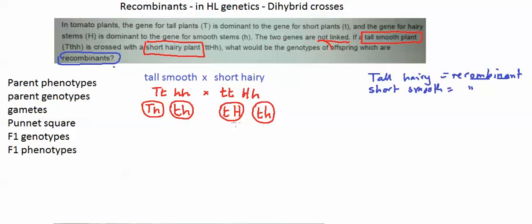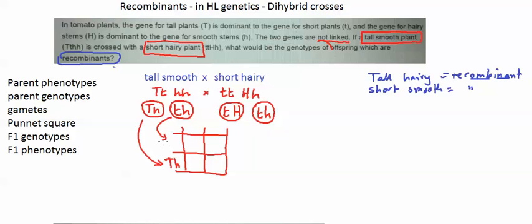Now, we know there are two gametes from each parent, so we can do a simple 2 by 2 Punnett square like this, and we can put the gametes into the Punnett square. So this gamete I'll put down here, this one I'll put at the top here, and likewise for the other short hairy tomato plants.